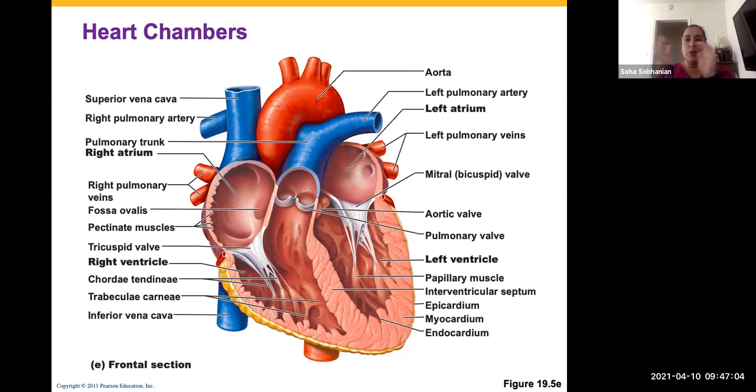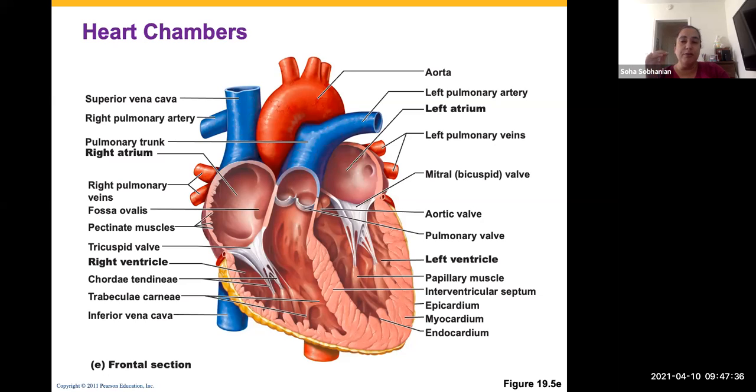When you squeeze the ventricles, your tricuspid valve and bicuspid valve get engaged, which makes sense because I want to prevent the blood from going back up to my atria. So when the ventricles contract, blood is going up through the pulmonary trunk and through your aorta, which is right here.